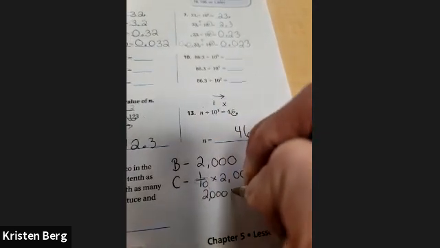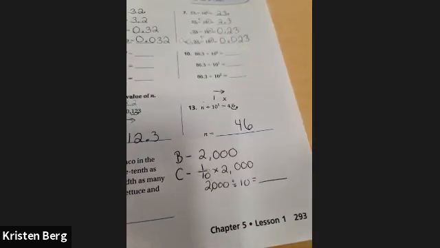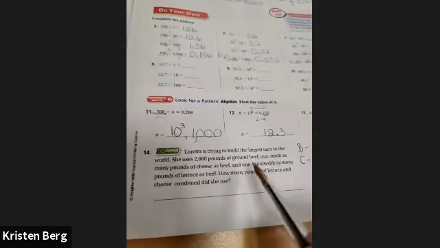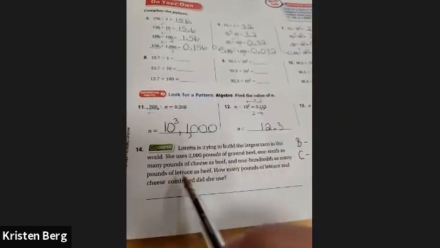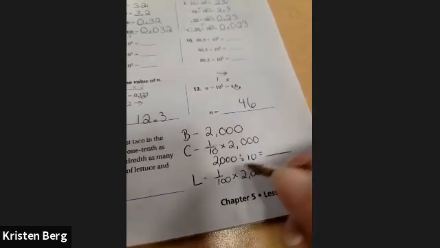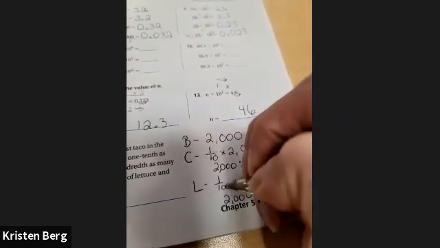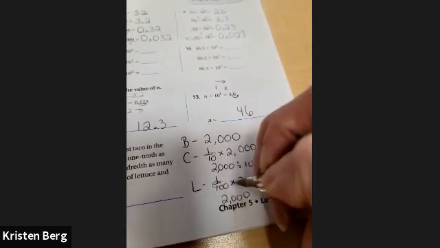So I'm going to rewrite that and say 2,000 divided by 10 is going to give you how many pounds of cheese. And then it says, and 1/100th as much lettuce as beef. Okay, so for the lettuce you would take 1/100th of the beef. So again, to rewrite that, it is taking your 2,000, and remember this means divide by 100.